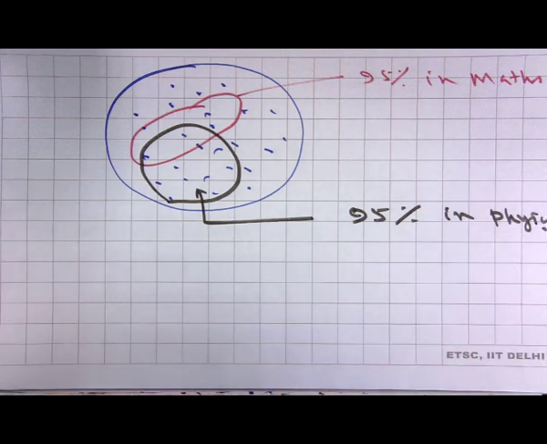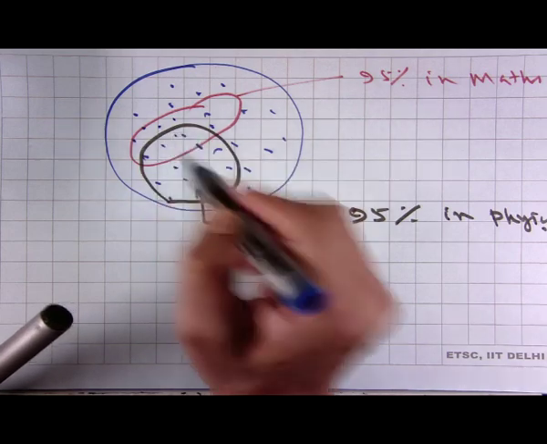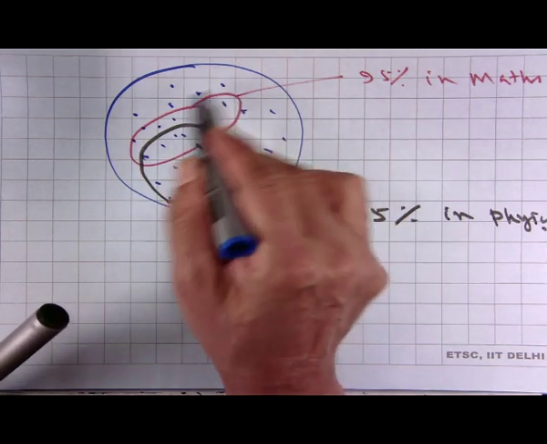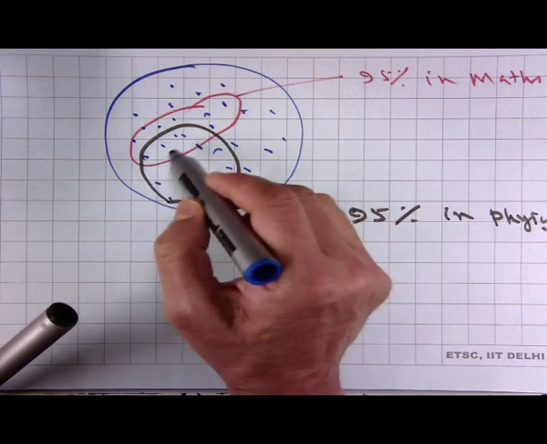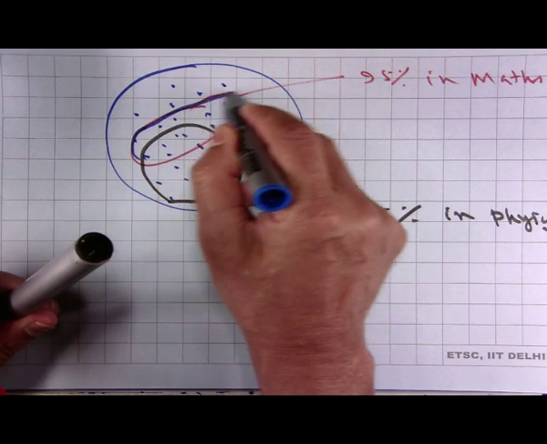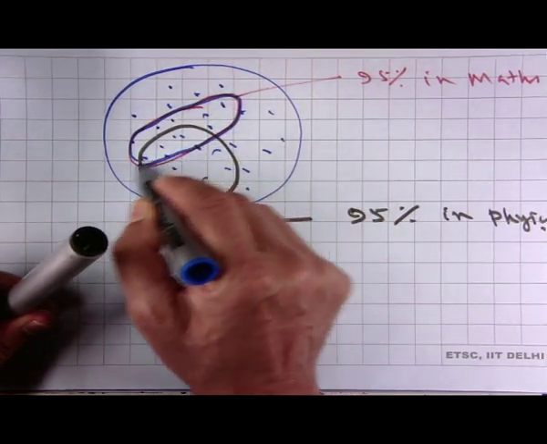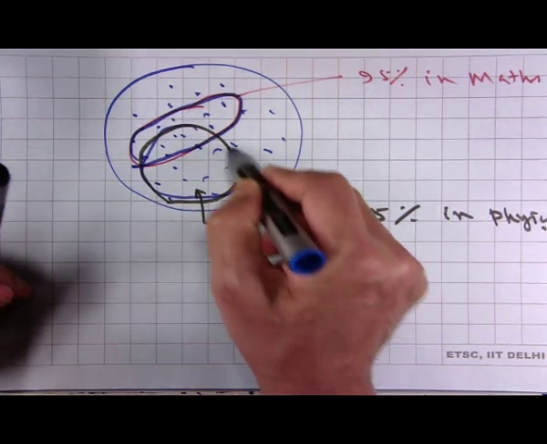So, the school will give prizes to anybody who got 95% in maths or 95% in physics. Therefore, it comprises all the students who satisfy this and all the students who satisfy this.